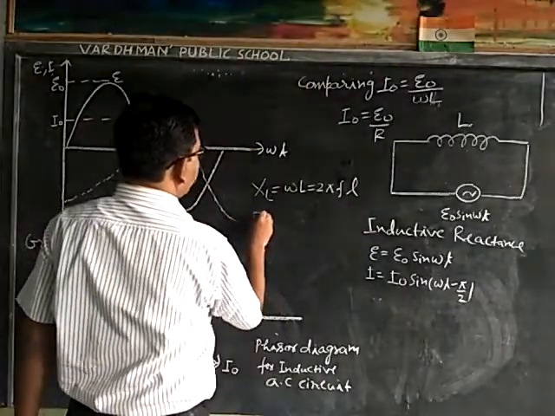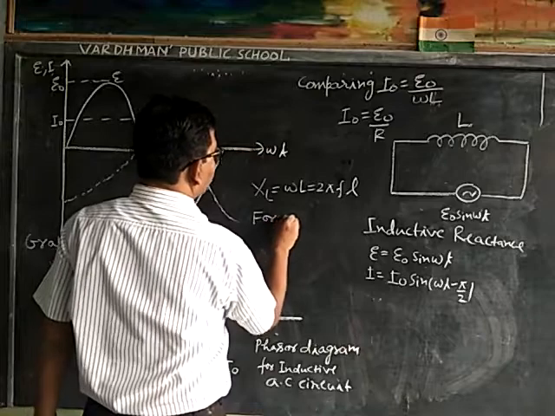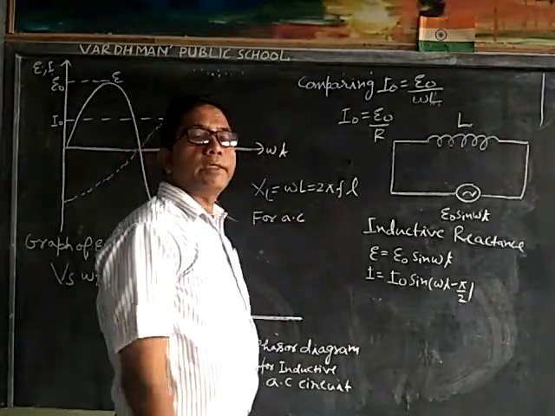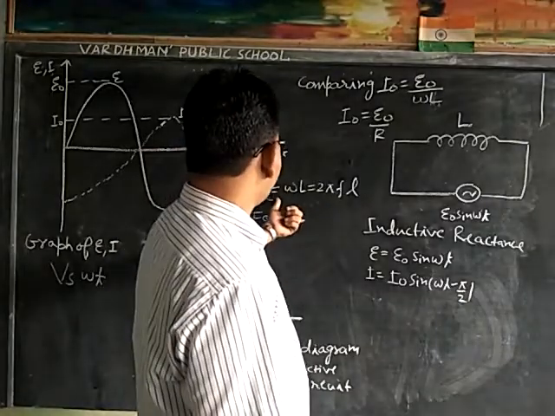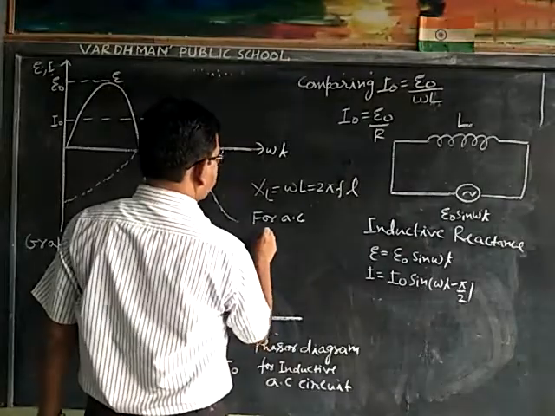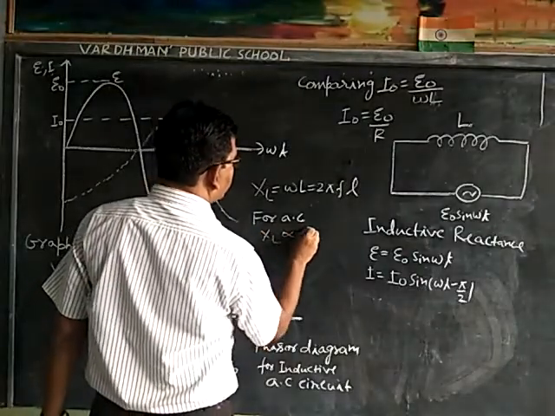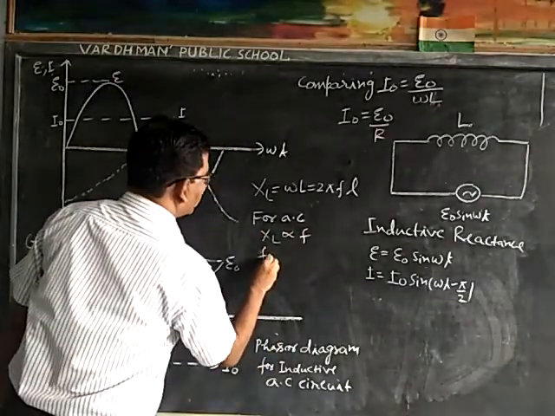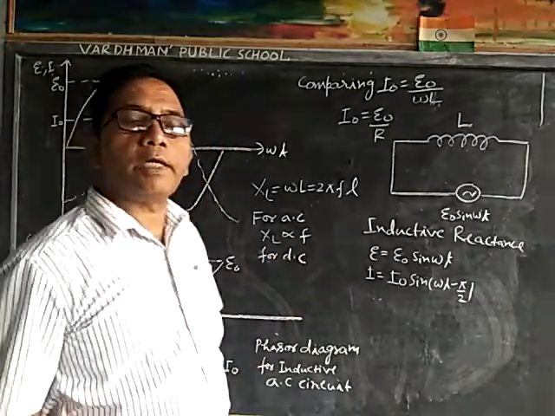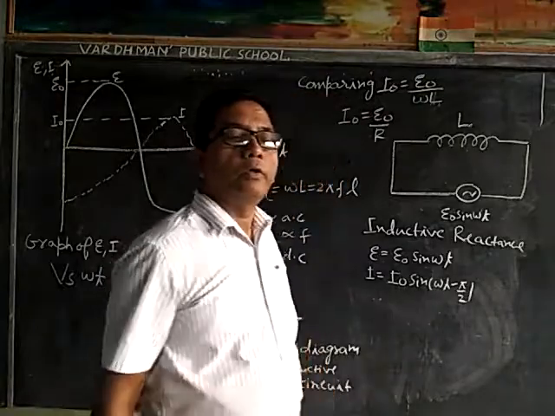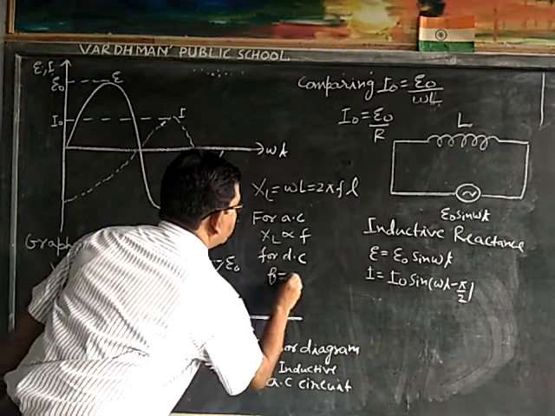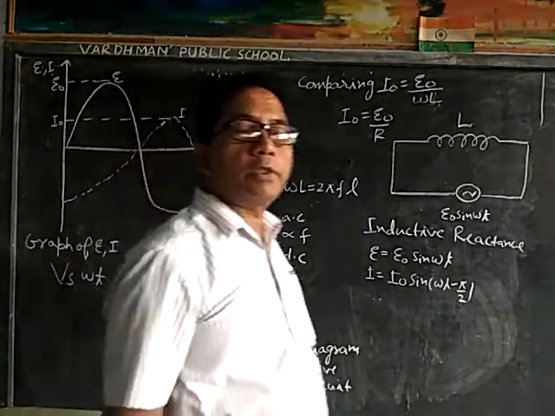For AC, we can see XL is directly proportional to F. For DC, the frequency of DC is 0, F is equal to 0.